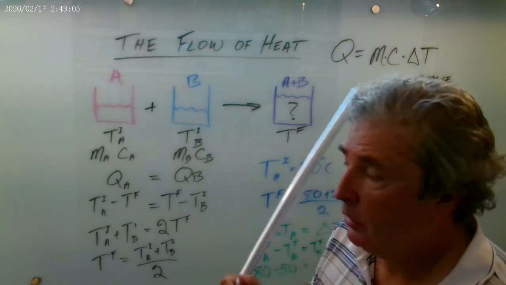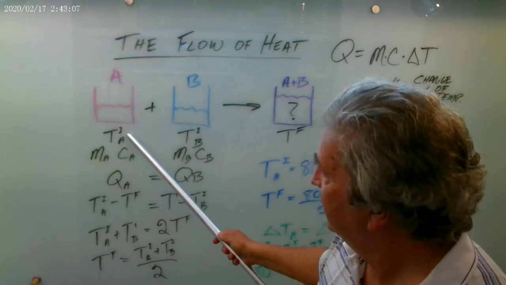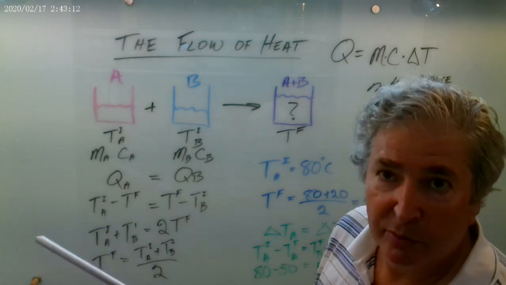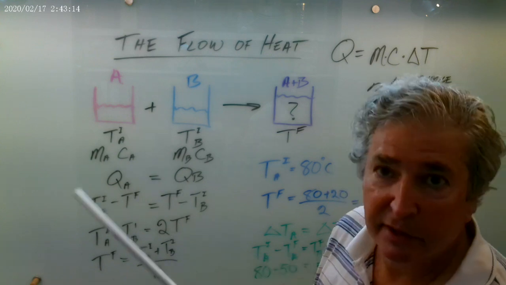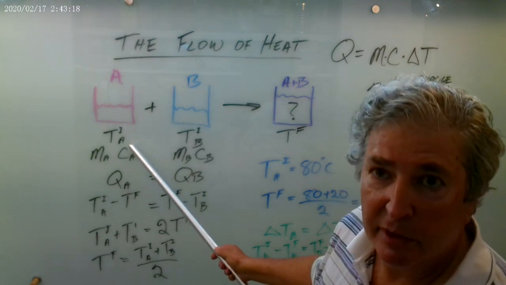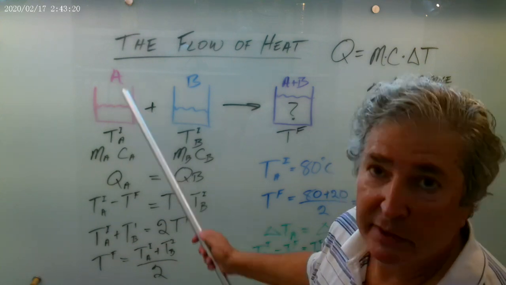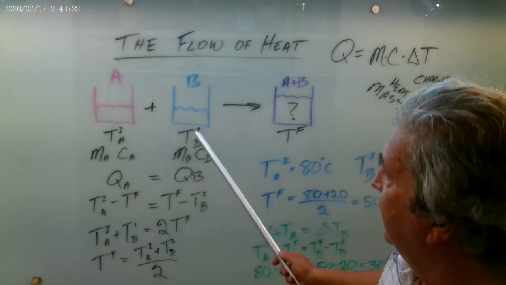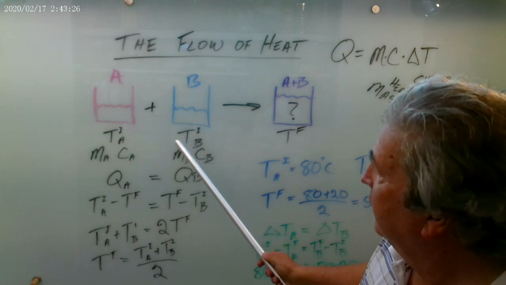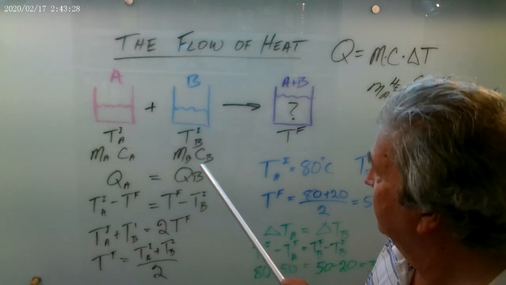Here's a bucket of water, and it has an initial temperature that I'll call T super I. The I stands for the initial temperature. And we'll give it a subscript of A, because it's sample A. Similarly, we have sample B, and an initial temperature for that sample.